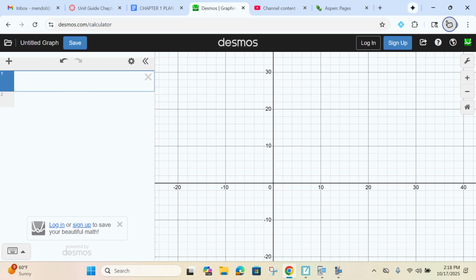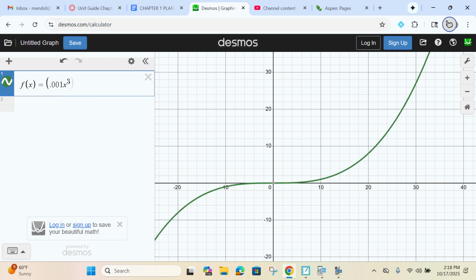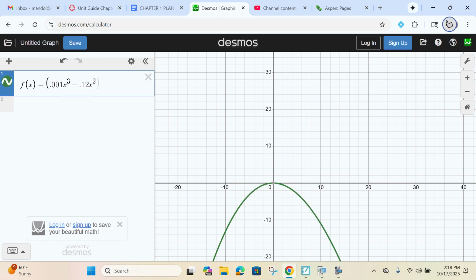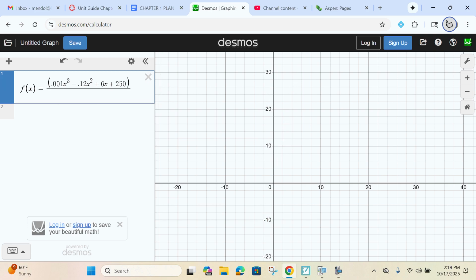So the function is f of x equals 0.001 x cubed minus 0.12 x squared, and I'm going to keep on going, 6x plus 250, all divided by x. Okay, so that's our equation.